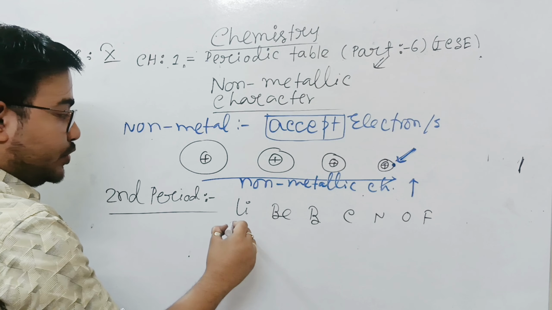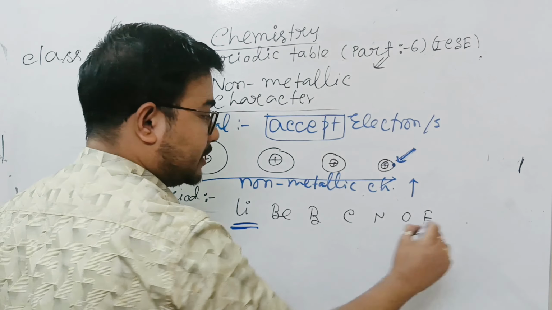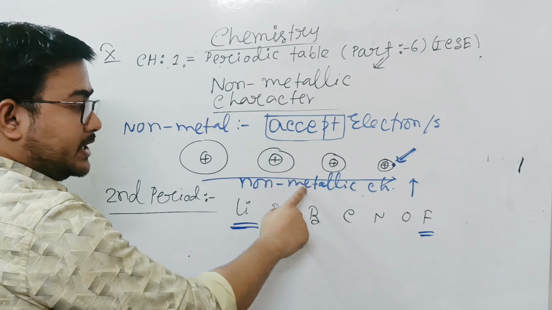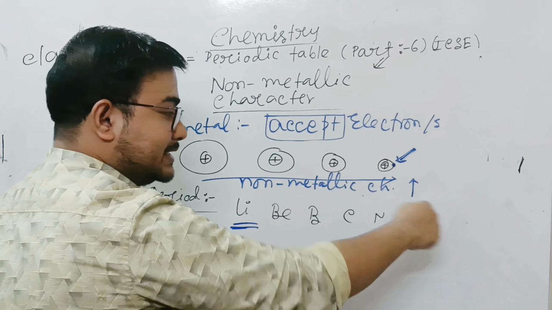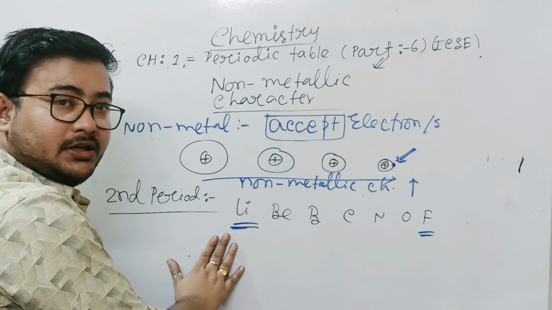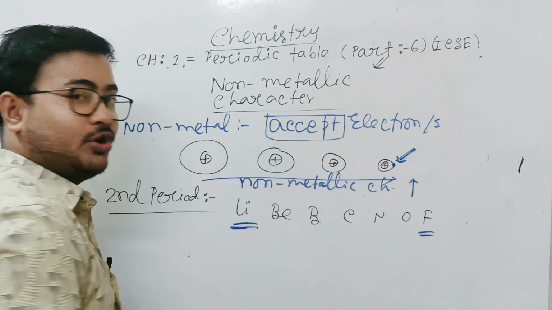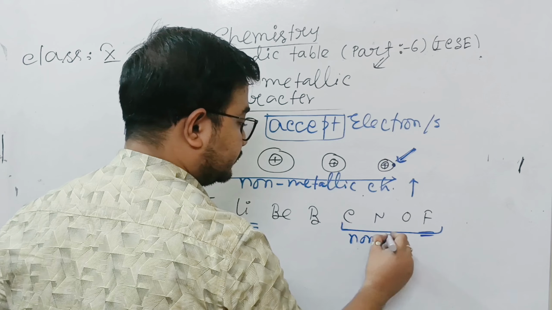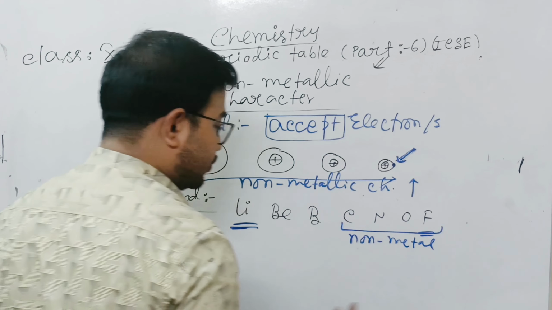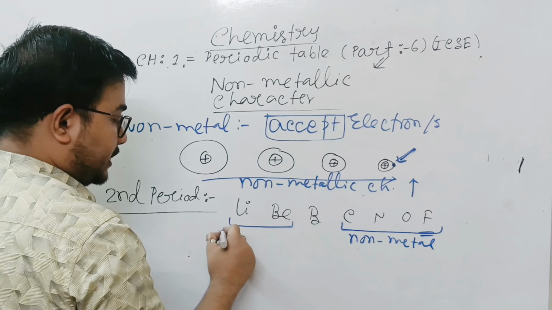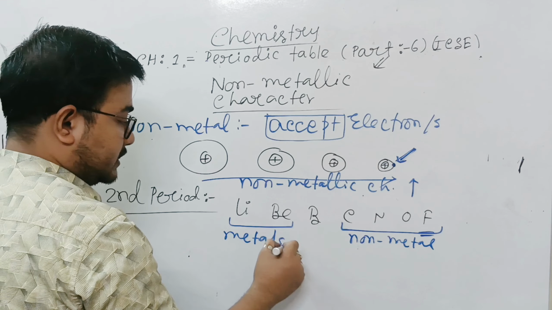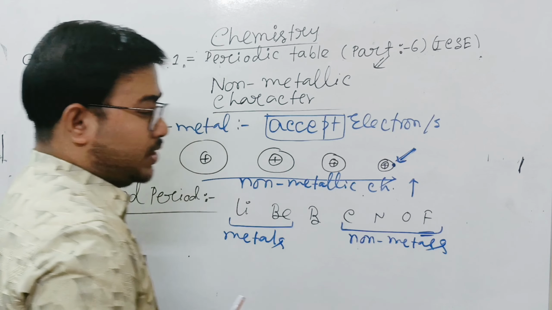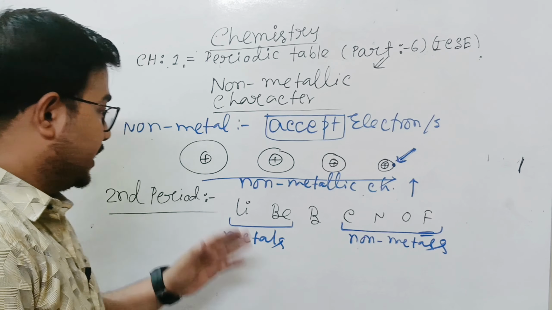So tell me, which one is non-metal, this one or this one? Non-metallic character increases. So these are non-metal, not this one, because as you move left to right, non-metallic character increases. So these four are non-metal. So these two are metals. They are non-metals.